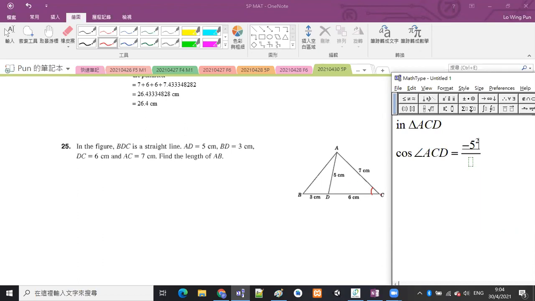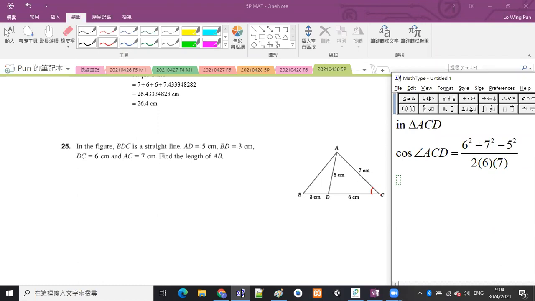Can you get this? And then for the other two sides, 6 cm and 7 cm, they can be a squared and b squared: 6 squared plus 7 squared, and then minus 5 squared, and then divided by 2 times 6 times 7. So the right-hand side is a pure number.